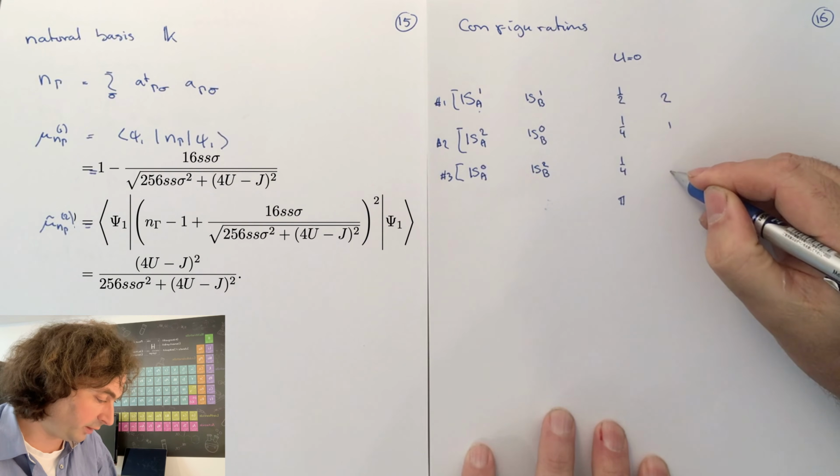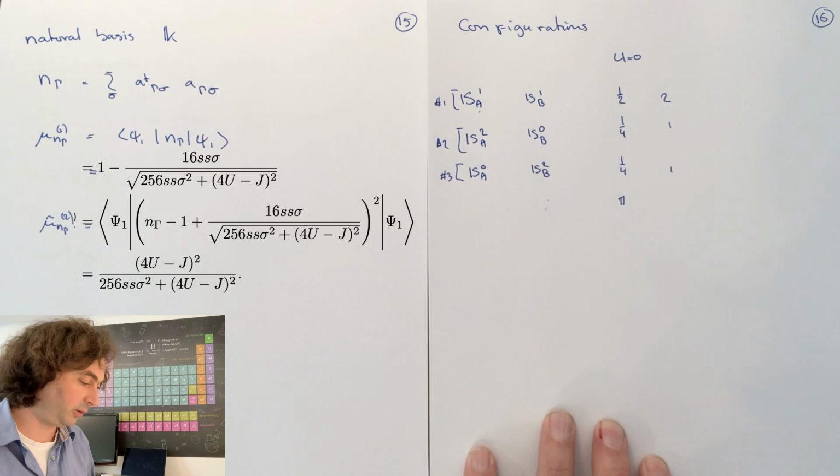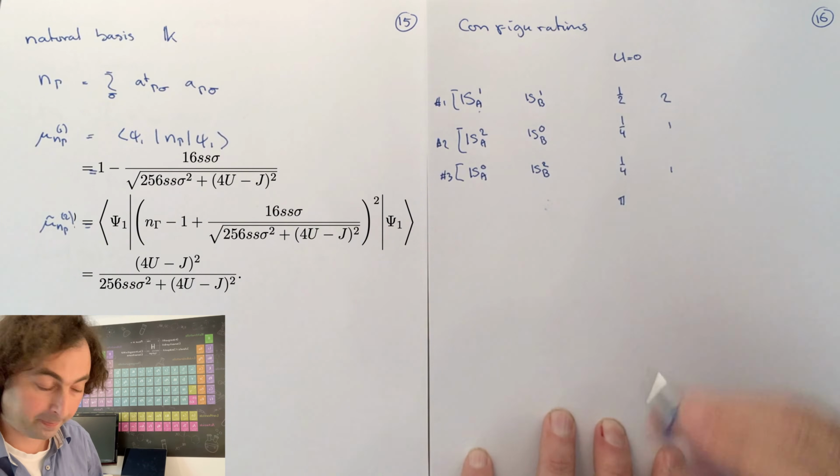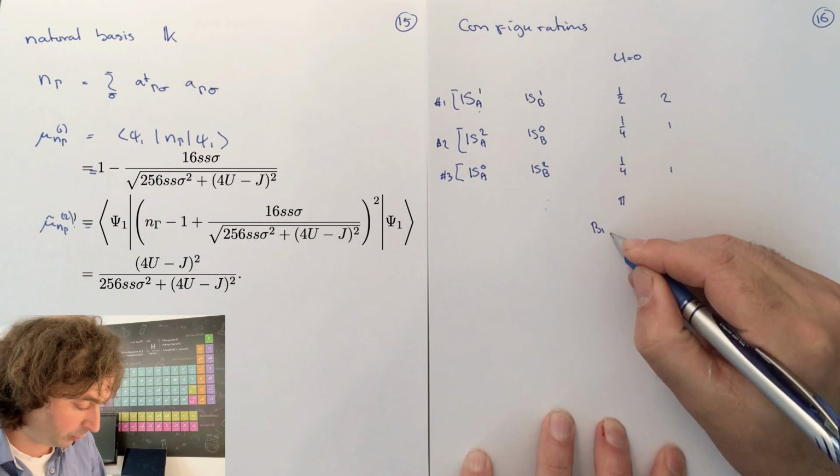And there is 1 way you can put both electrons on side A or both electrons on side B. So this is just given by the binomial distribution.